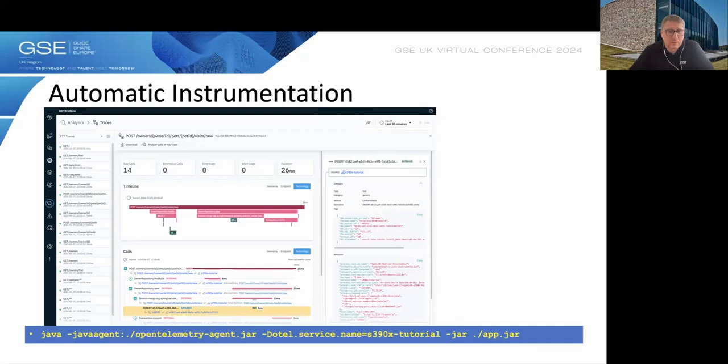For this database backend, the automatic instrumentation would be capturing the respective client span to the database with, for instance, the SQL statement, and that is all happening in an automated way. So there is no code change required by the developers to get this done.